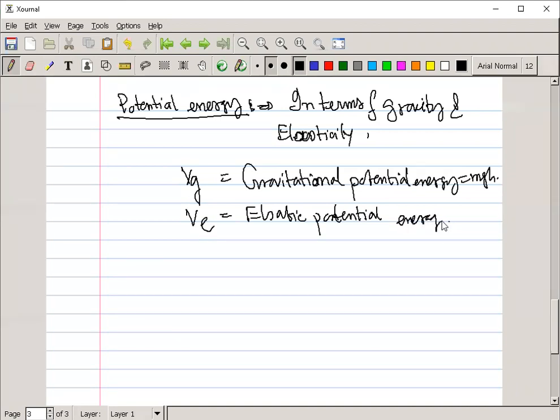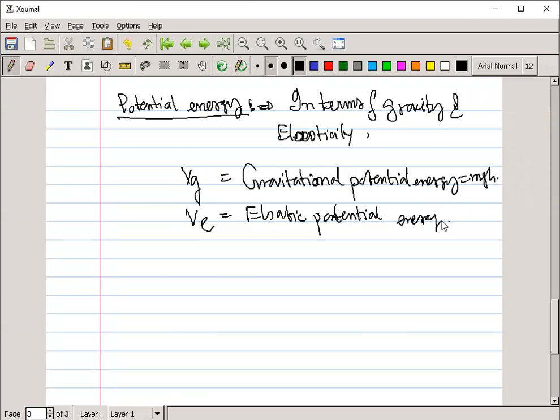Okay, so then maybe someone asks what the elastic potential energy is. Actually, due to elastic body collision or due to the elastic body's deformation, some energy is stored in that system.